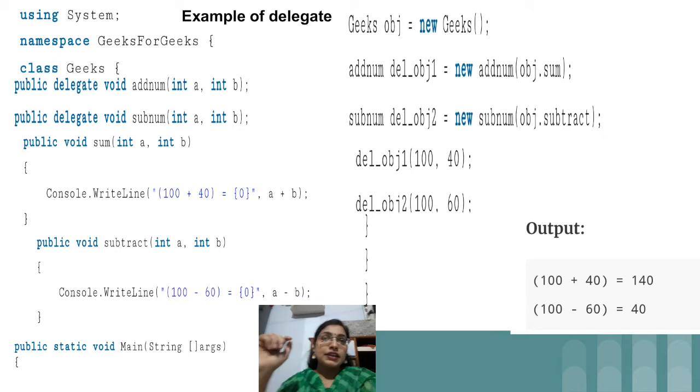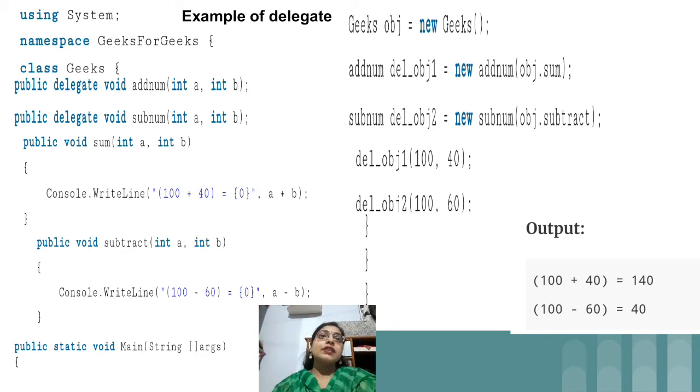Now we will create the method with the same signature as the declared delegate. So the first method is sum. Again, public void is important because the add num delegate has void as a return type, and the sum method should have two parameters because the add num delegate which we have declared has two parameters.